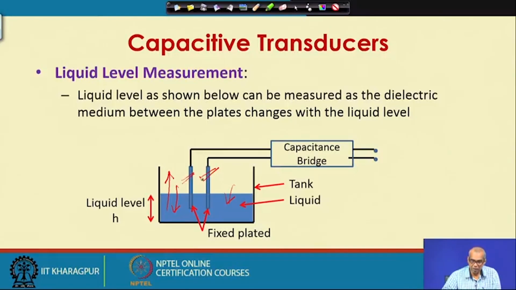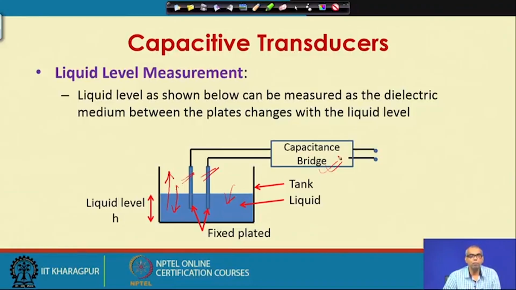So, the dielectric medium between two fixed plates will change with change in liquid level. That will cause a change in the capacitance. We have seen the capacitance depends on the area of the plates, the distance between the plates, and also the dielectric medium.